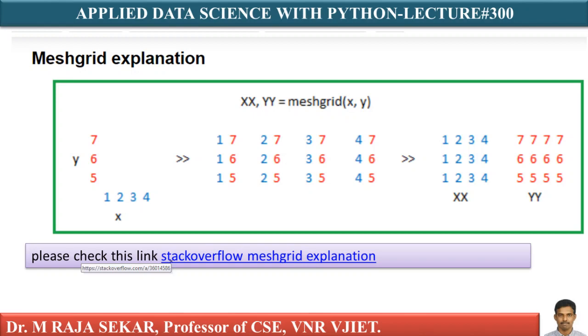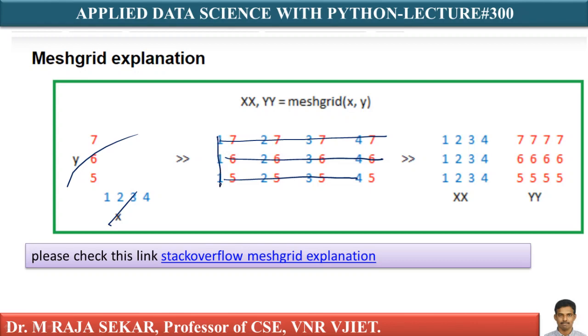What is the functionality of mesh grid? If you give an x value and a y value, it creates a grid like this. What is your first value? Your first value is 1, 7.